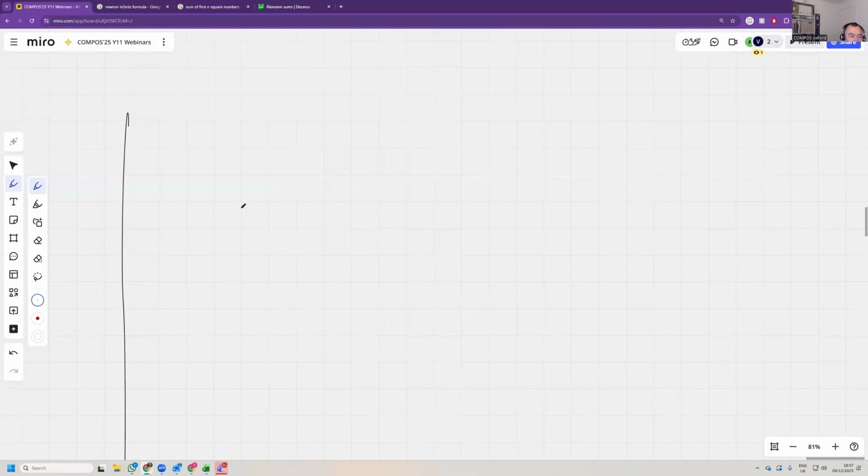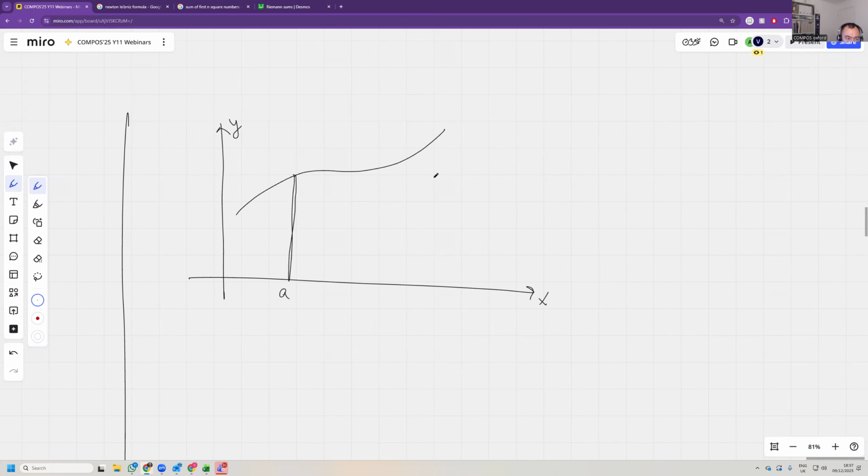So imagine you have a random curve, x and y, and you split from a to b into vertical strips. You take one such strip. So let's take this particular rectangle.